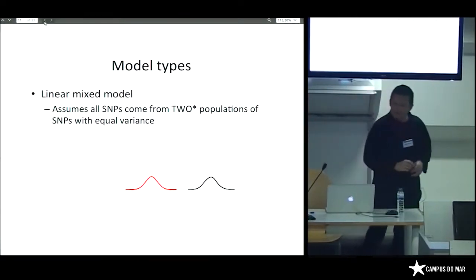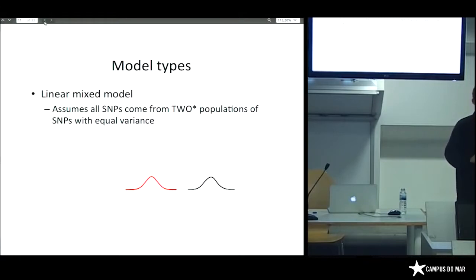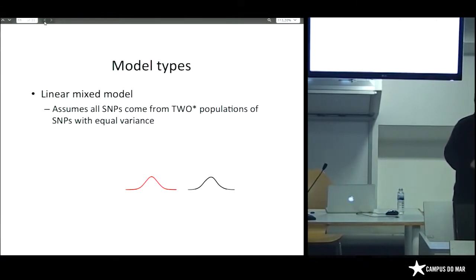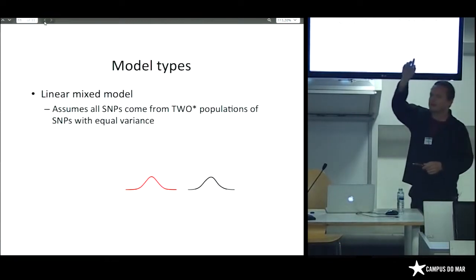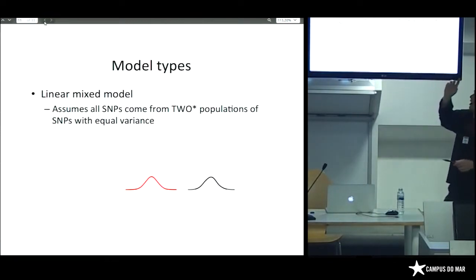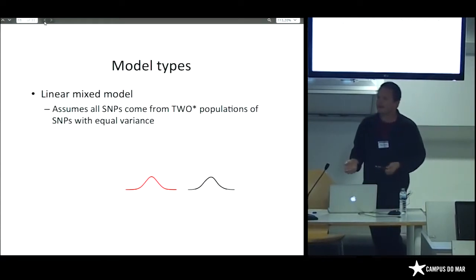Linear mixed models are a little bit better because they say there's a population of SNPs that has no association with the phenotype, and a population of SNPs that does. But they're limited in that they assume equal variance in those two populations. Again, we know that isn't true, because if SNPs have no effect, then there's no variance around that.